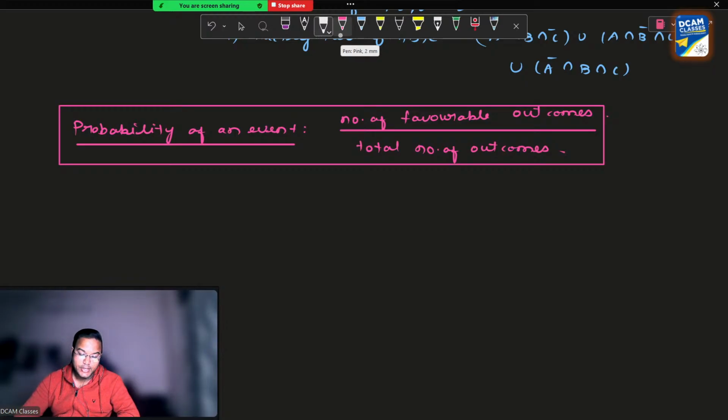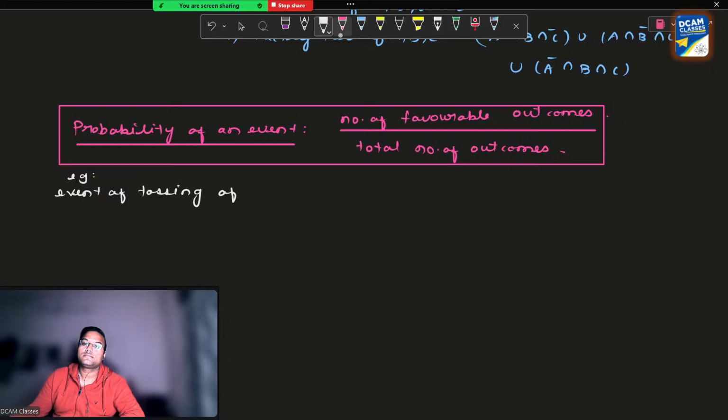Let me give you an example. Event of tossing of 3 coins.